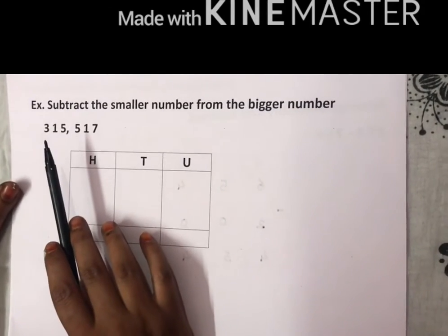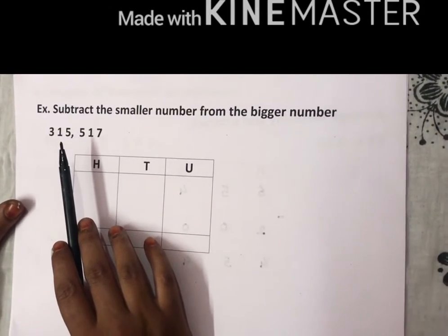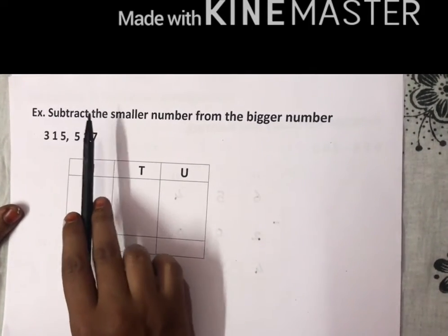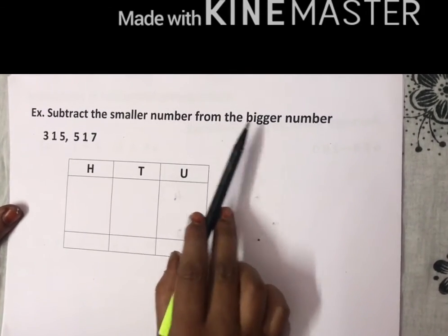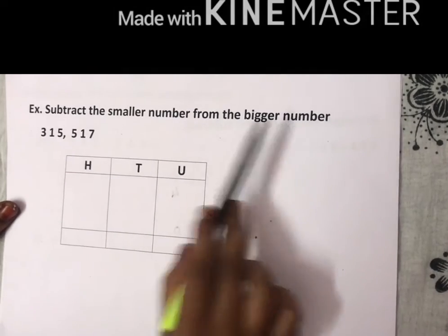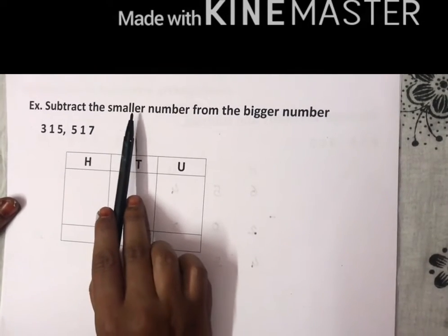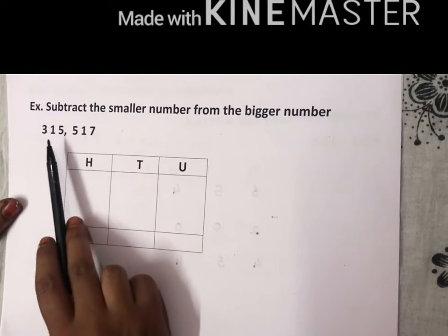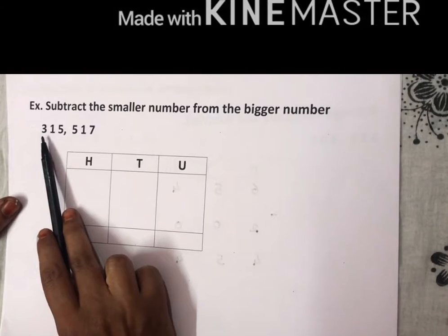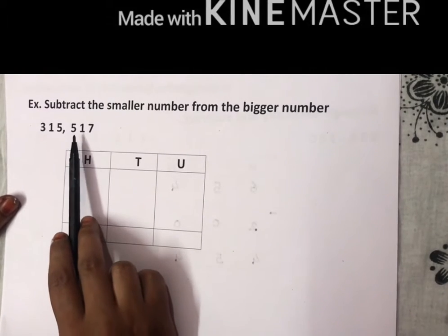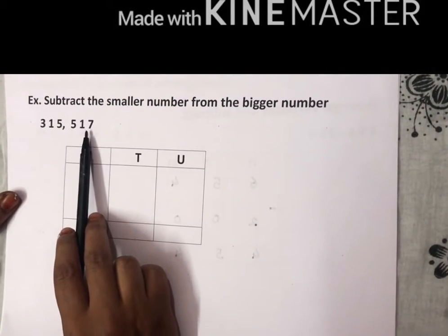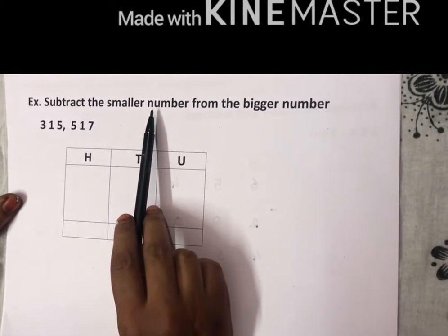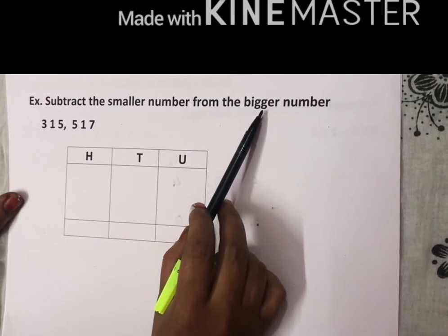Now we are going to see one more question type for 3-digit subtraction. So here you can see the question: subtract the smaller number from the bigger number. Read it carefully. So the example is here. First number is 315 and second number is 517. What is our question? We have to subtract the smaller number from the bigger number.